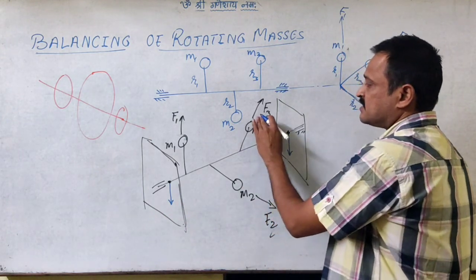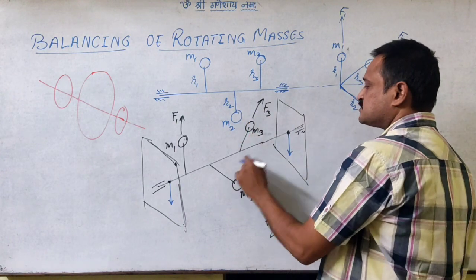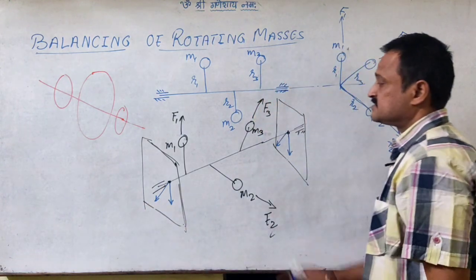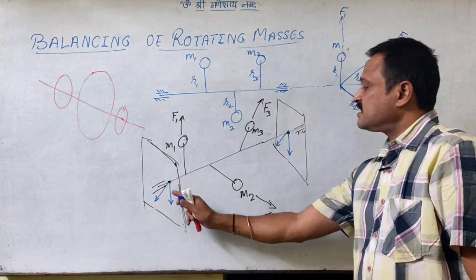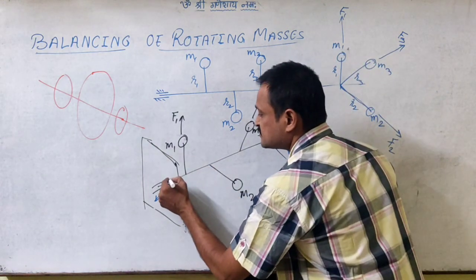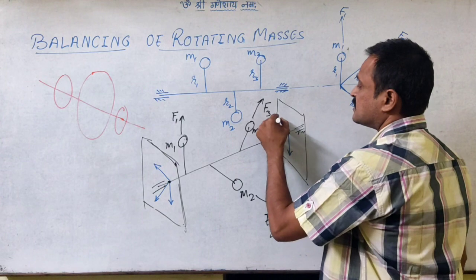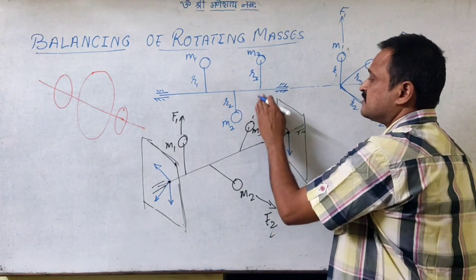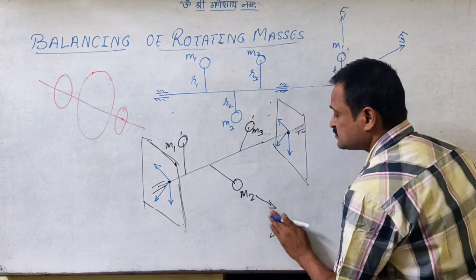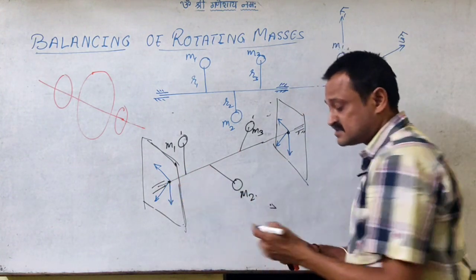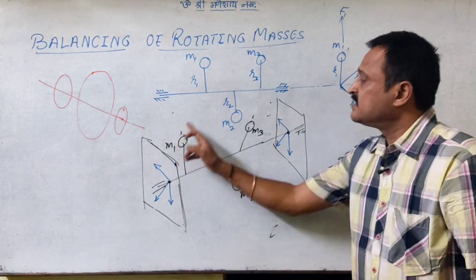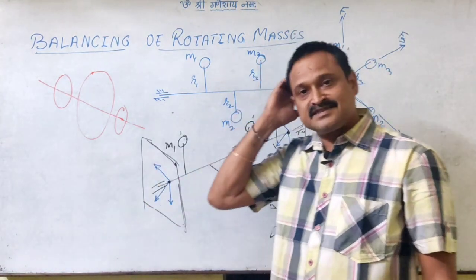Similarly, F3 acts this way, so this and this in opposition with F3, and for M2 it is in this direction, so this and this. As if we are nullifying these forces by introducing these forces in the system at selected planes of rotation, we can completely balance this system.